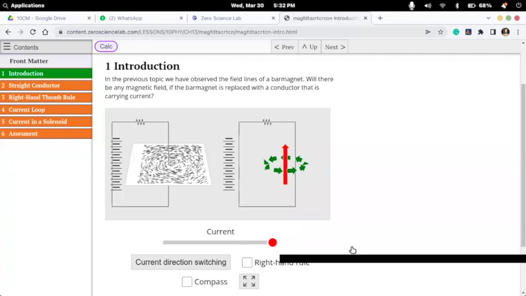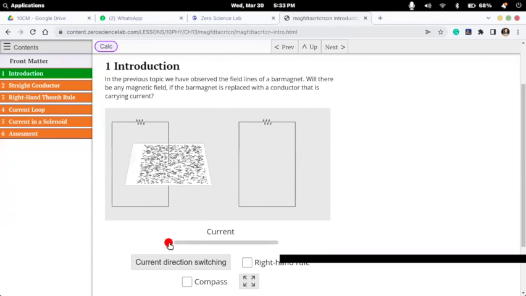Yes, sir. They became more circular. Right, they are in a more regular arrangement. This is random arrangement. They are randomly oriented iron filings.